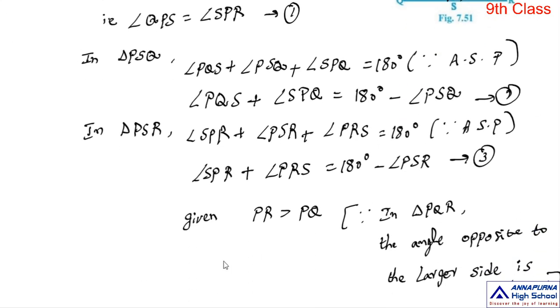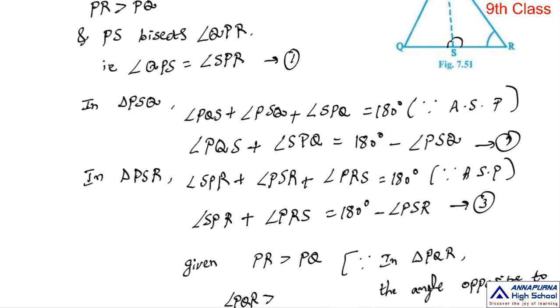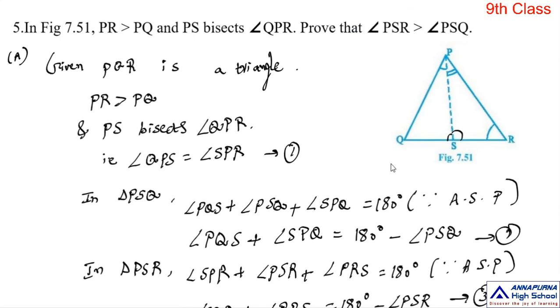Angle PQR is greater than the angle opposite to the smaller side, which is smaller. The smaller side PQ has the opposite angle PRQ.